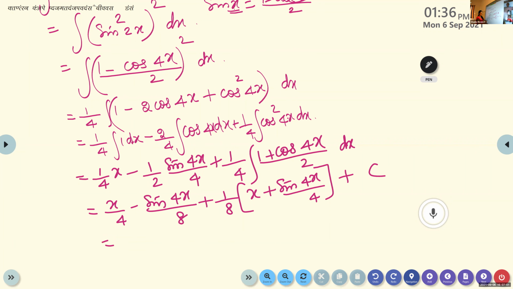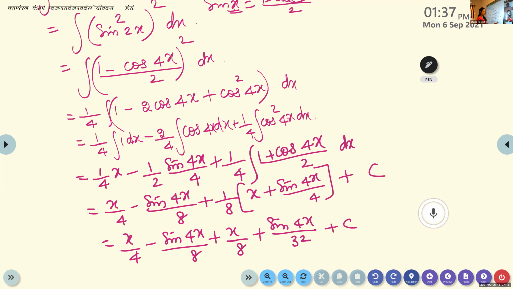So it will be x by 4 minus sine 2x by 4 plus x by 8 plus sine 4x by 32 plus c. Now we can group these terms and simplify.